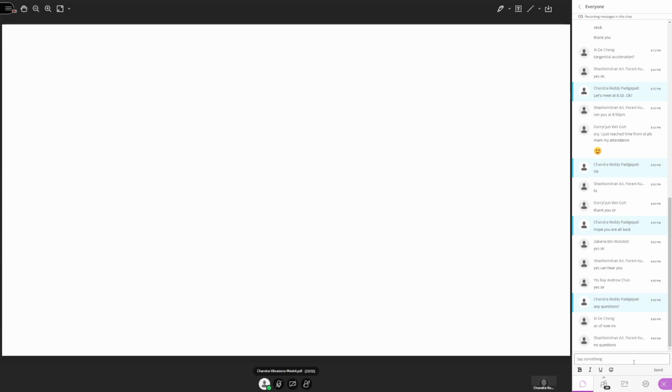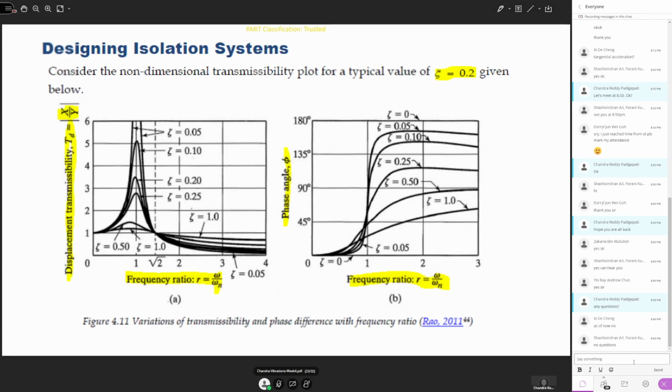You can see in this plot the transmissibility ratio versus the frequency ratio, for different damping ratios. One is the condition of resonance, when the frequency ratio is 1, so the amplitude of the displacement transmissibility becomes maximum.